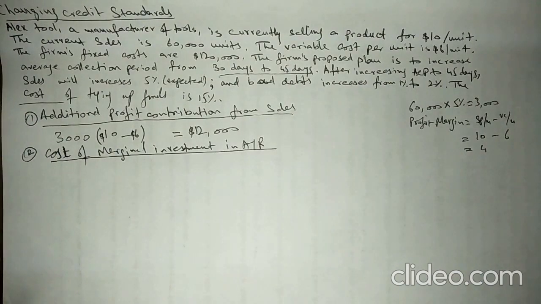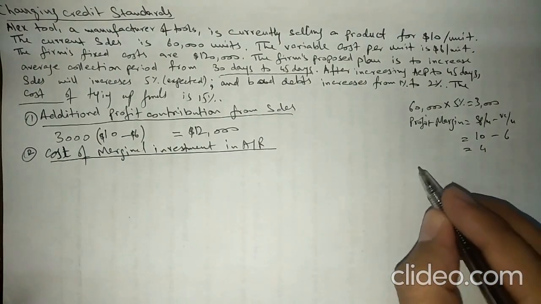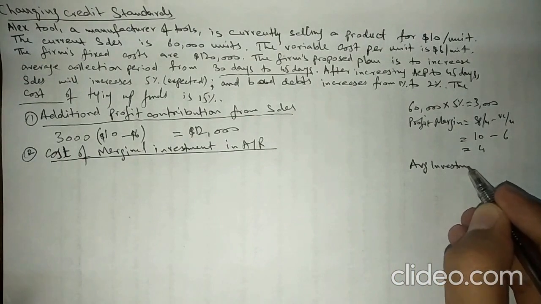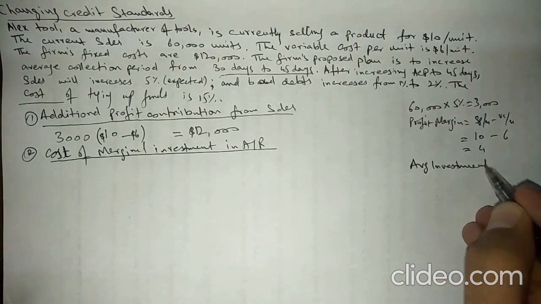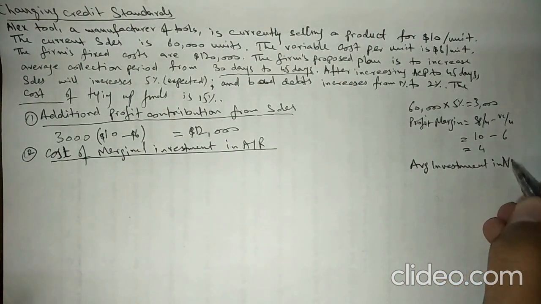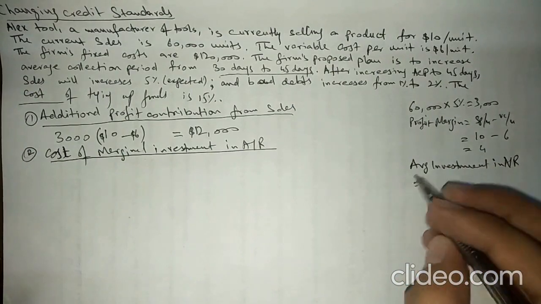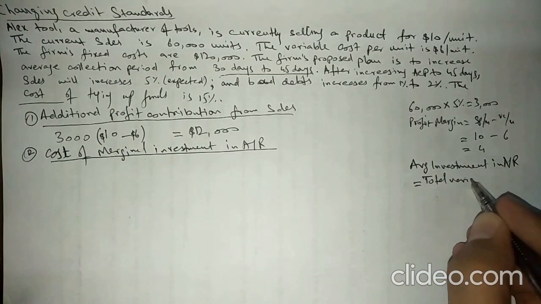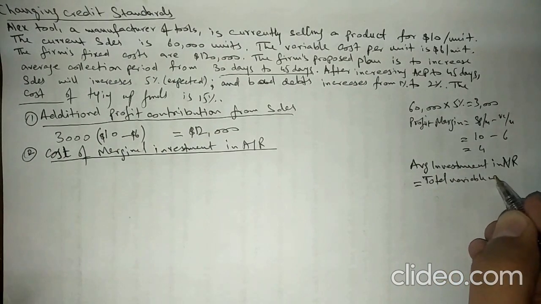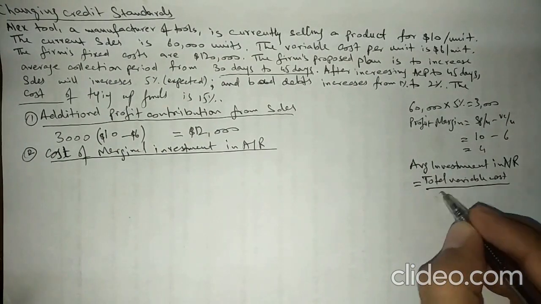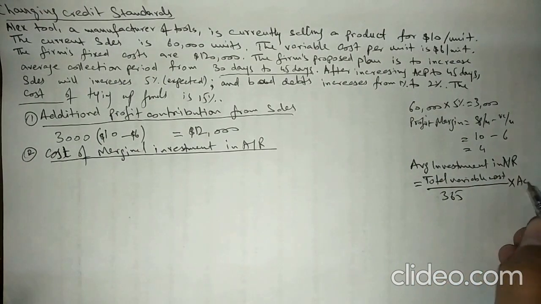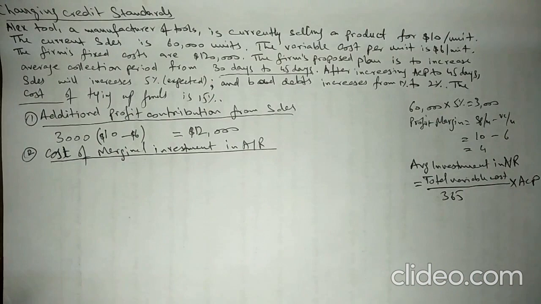First of all, we will calculate the average investment in accounts receivable, and the formula for average investment in accounts receivable is total variable cost divided by 365, multiplied by the average collection period.